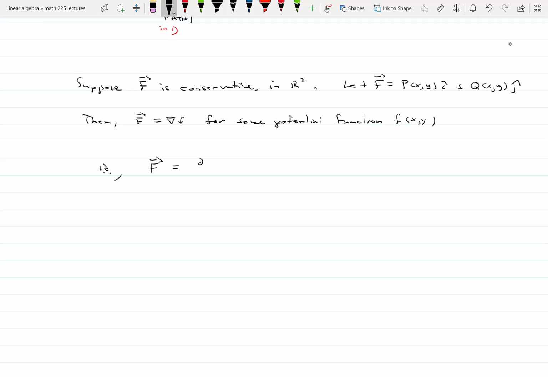I'm just changing to be consistent with my i and j standard basis vector notation. So what does that mean? If F is equal to the gradient of some potential function, that means that the partial of f with respect to x needs to equal p, the first component of my forcing function, and the partial with respect to y should equal q.